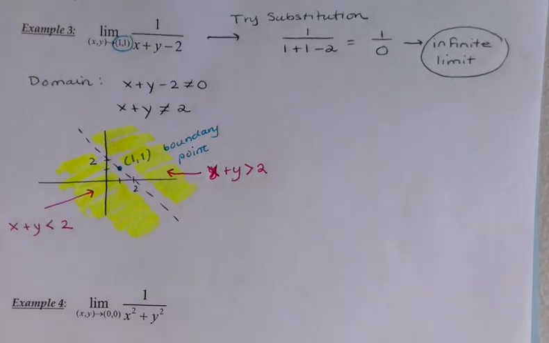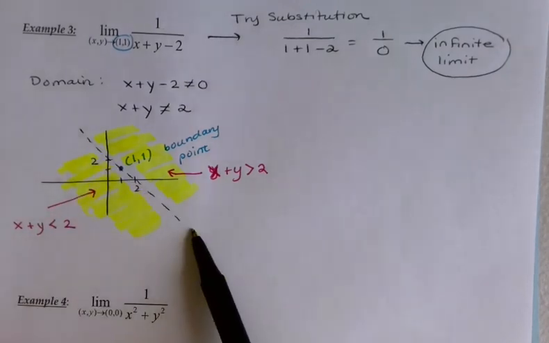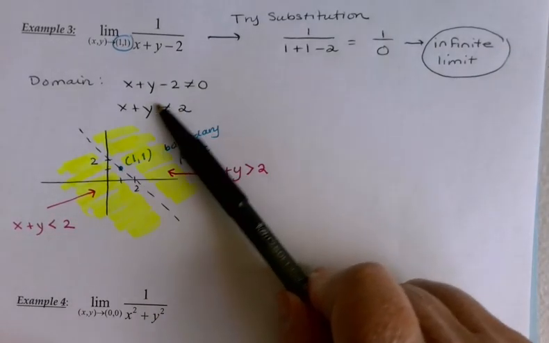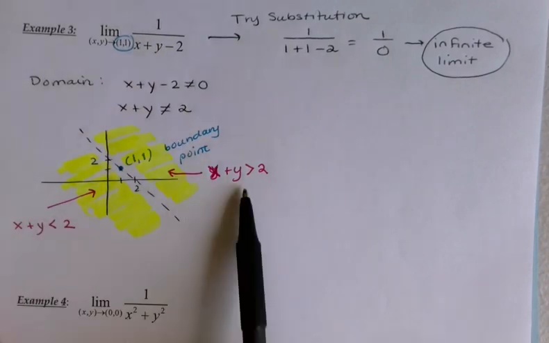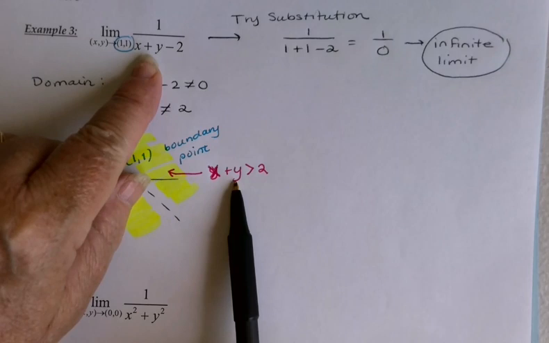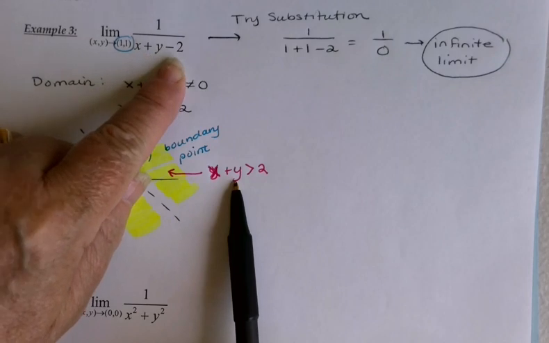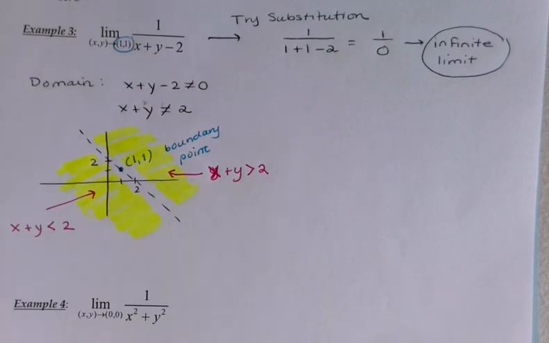So, if I approach this boundary from above here, I'm going to have positive values for my denominator. I'll have x plus y's that are bigger than 2. I'll subtract 2. I'll get a positive value.